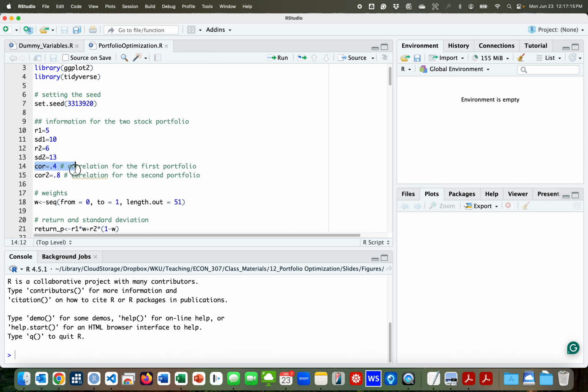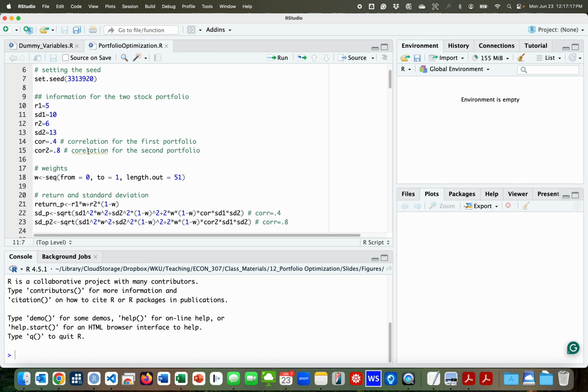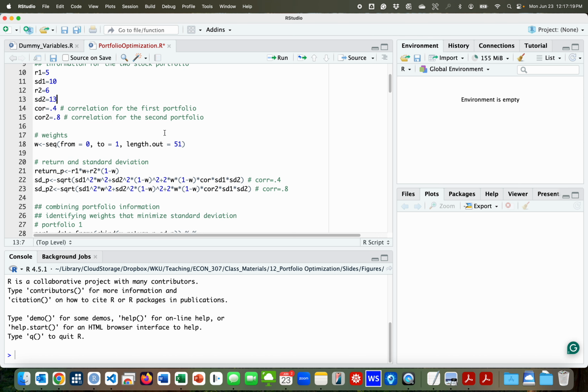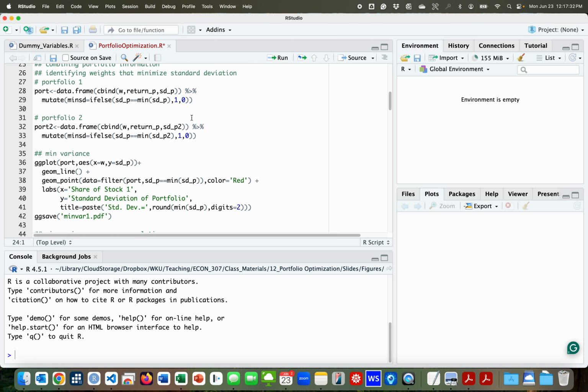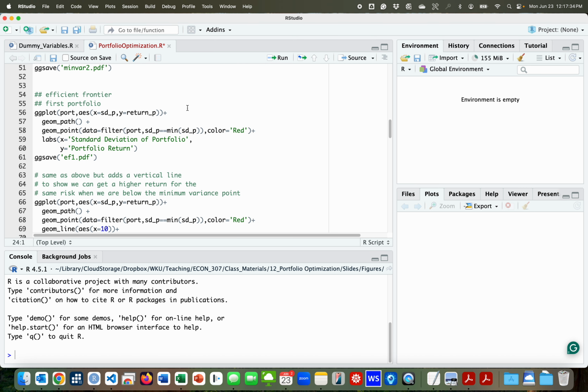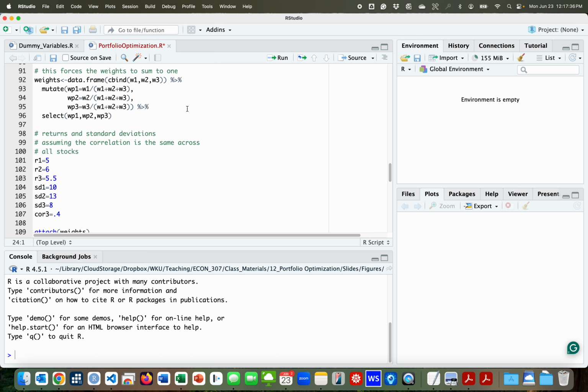I'm setting my correlations. A typo right there, let me fix that. I'm calculating the standard deviations the same way we would do it with the formula, and the covariances that I set.